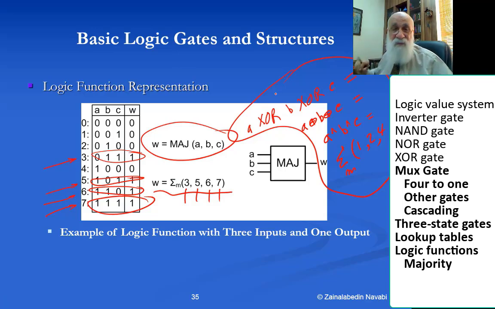All right, we are done with our logic structures and a little bit beyond logic structures, more complex structures also. Now that I mentioned complex, a CMOS NAND gate is a NAND gate, a CMOS NOR gate is a NOR gate.